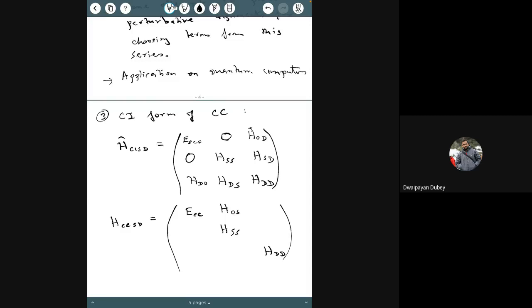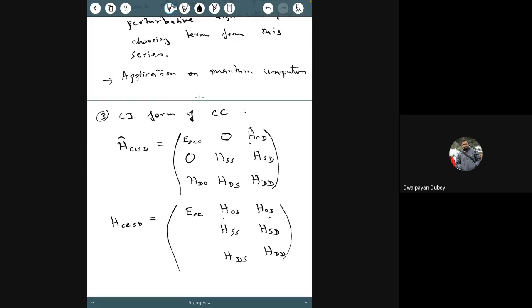So this is not 0. Then you also have the doubles, singles. These are different values, of course, from CI. Although I'm just writing using the same notation, they are different values.